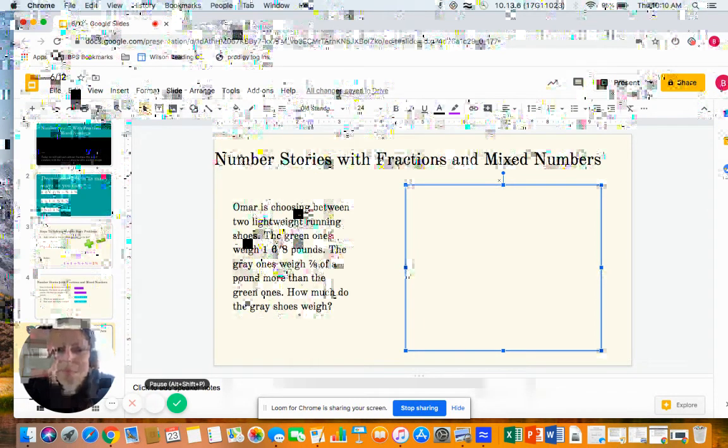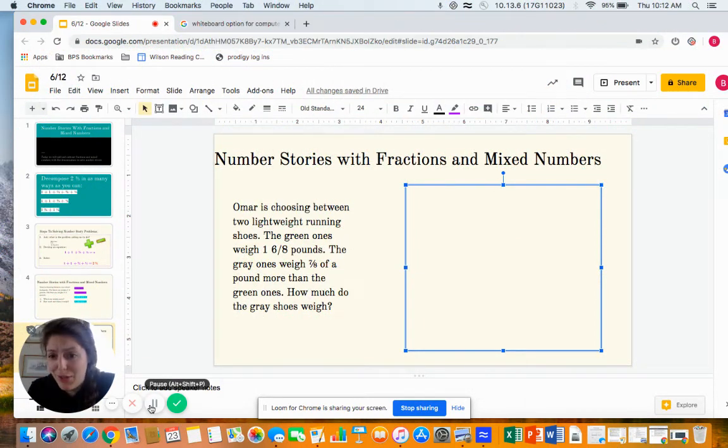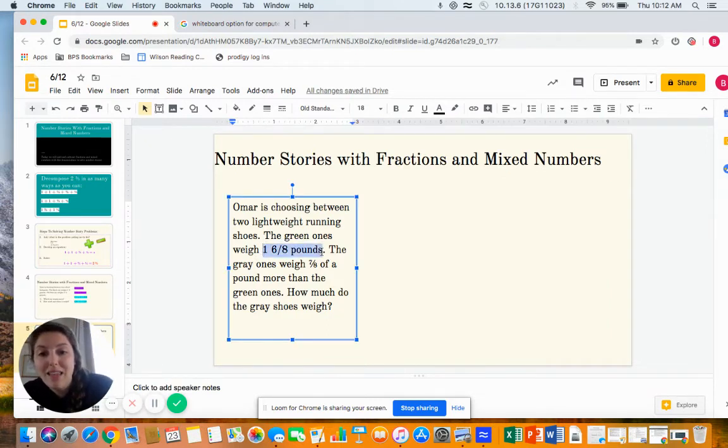Welcome back. All right, so how much do the gray shoes weigh? Let's walk through the problem together. The green ones, it says, weigh 1 6/8 pounds. The gray ones weigh 7/8 of a pound more than the green ones. Okay, so if you saw that part here that said more than, what do you think that's asking you to do?